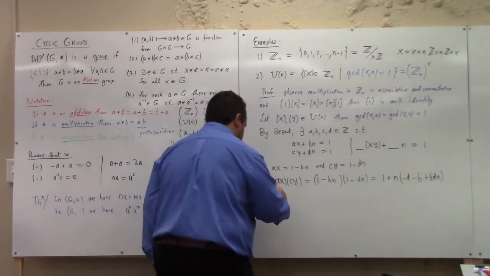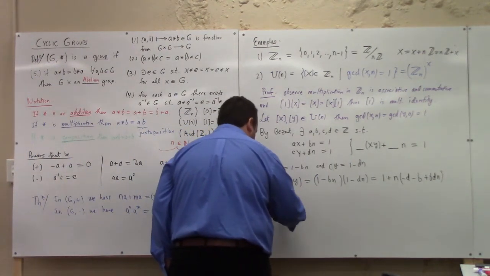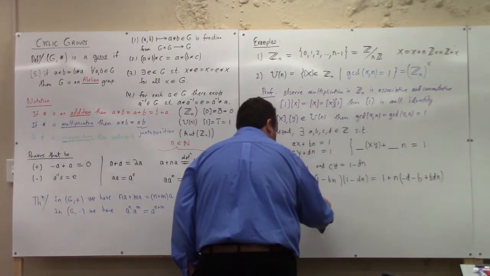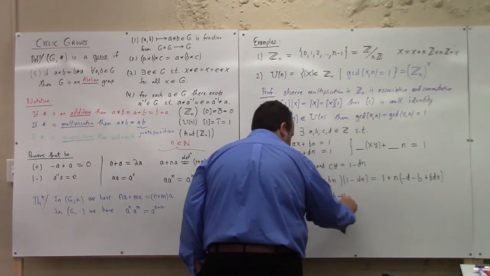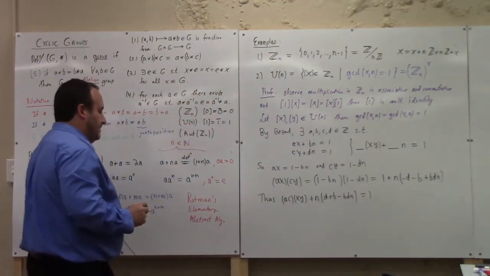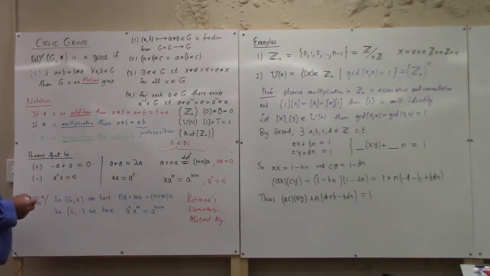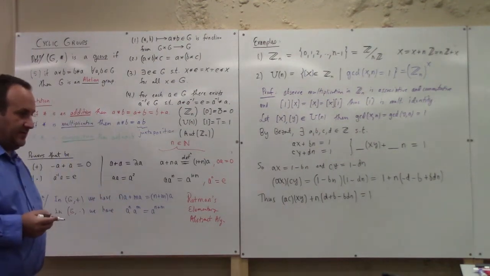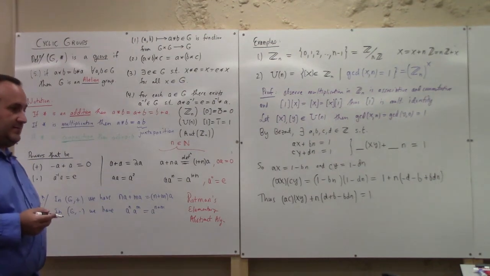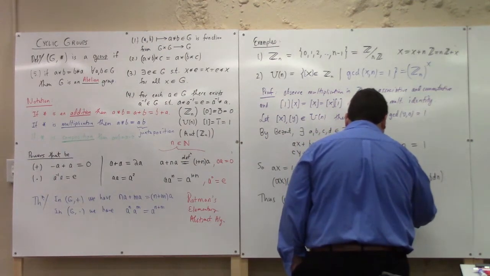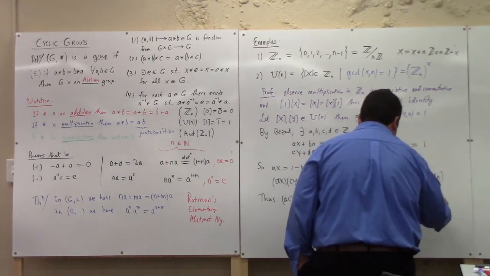Thus, AC times xy plus n times (d plus b minus bdn) is equal to 1. That implies that the greatest common divisor of xy and n is 1.